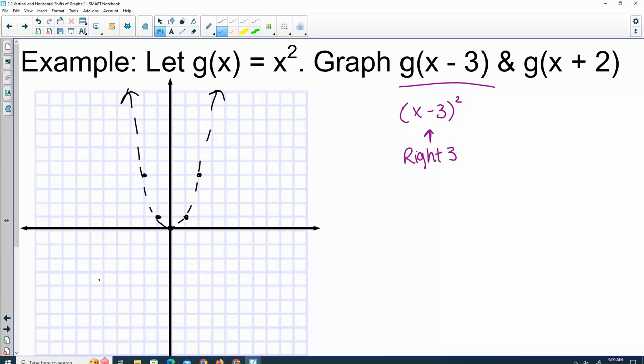Direction. So I'm taking each of my points and moving them to the right 3. There's my g of x minus 3.